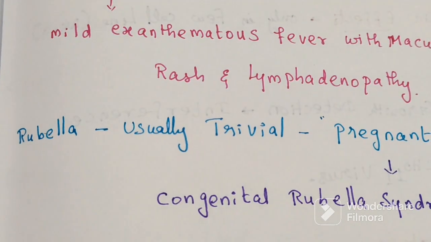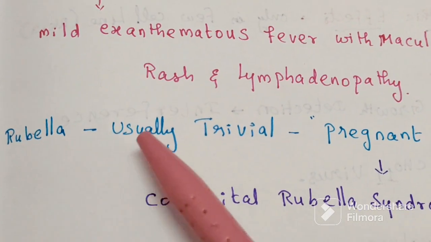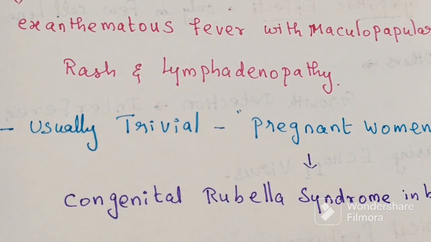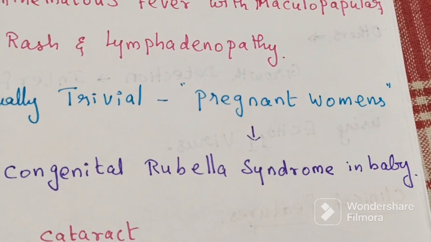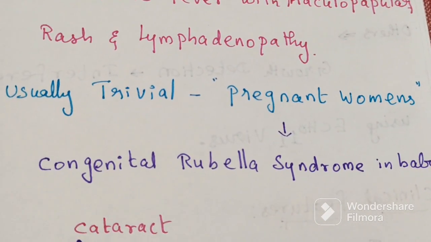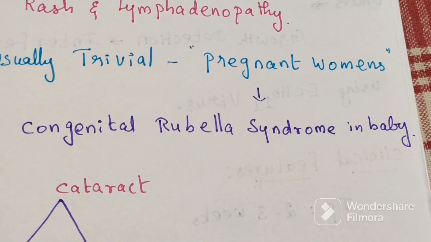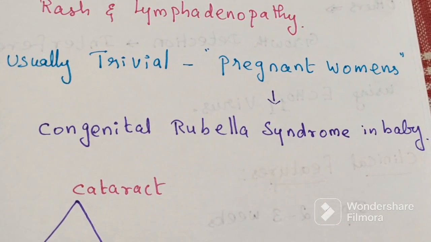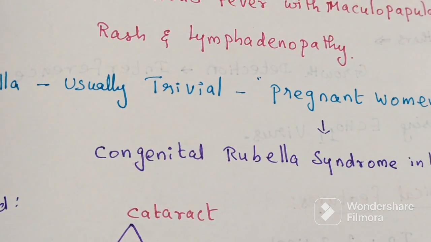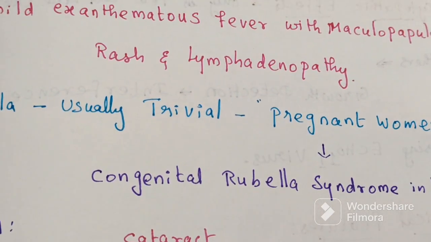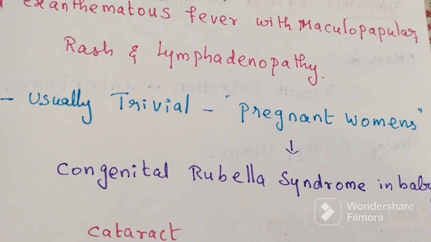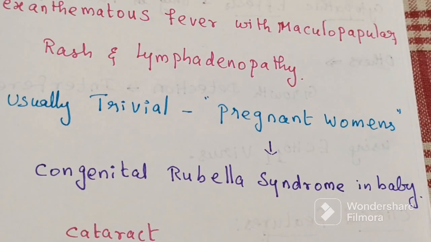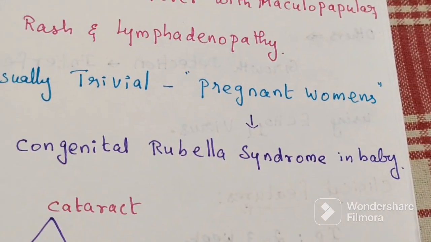Rubella is usually trivial, not usually severe. But in the case of pregnant women, the rubella virus can lead to congenital rubella syndrome in the baby.